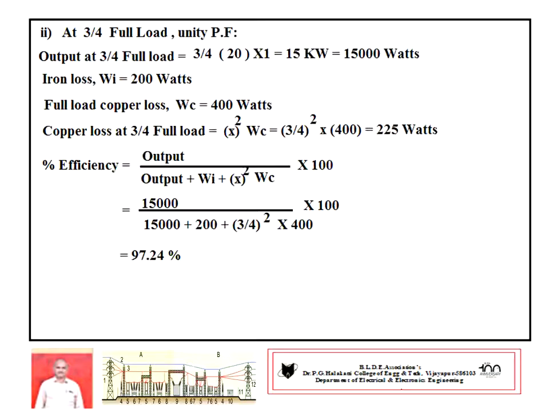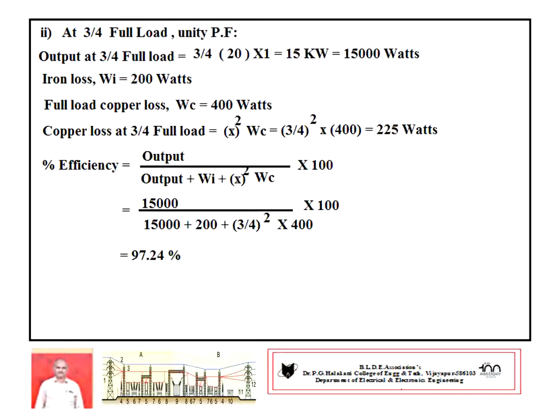Now, keep the iron loss equal to 200 watts, full load copper loss Wc equal to 400 watts. So, calculate the copper loss at 3/4th full load, x square times Wc, x is 3/4 squared into 400.